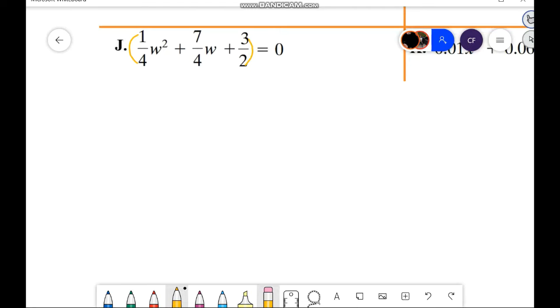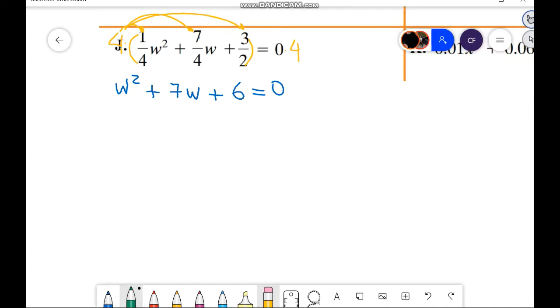Multiply 0 by 4, which is 0, and you're going to have 4 times 1 over 4 is just 1, W squared. 4 times 7 over 4 is just 7. And 4 times 3, 12, divided by 2, 6, equals 0.